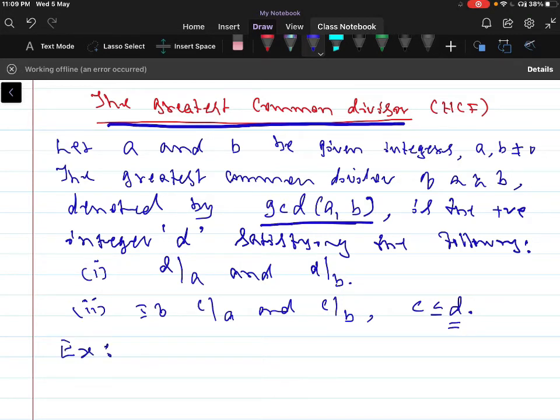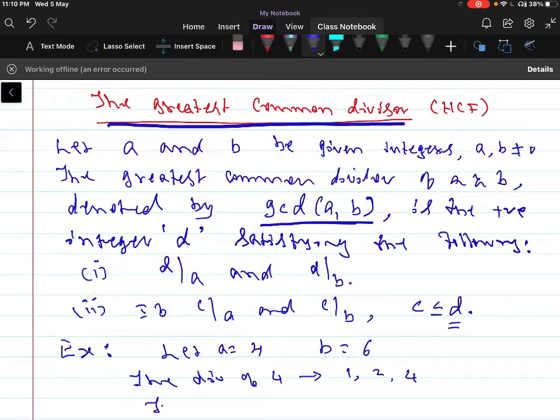For example, let a is equal to 4 and b is equal to 6. The divisors of 4 are 1, 2 and 4.